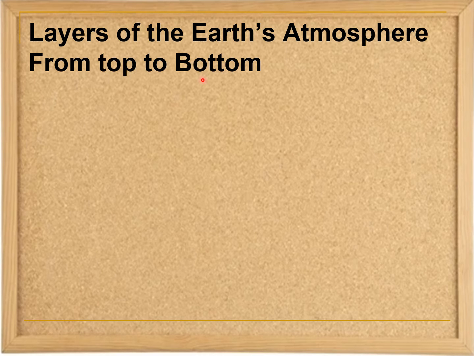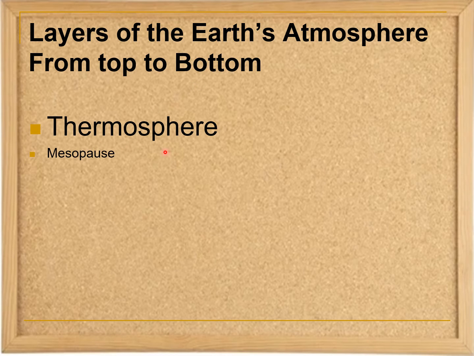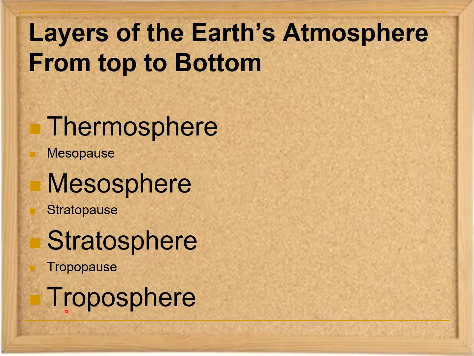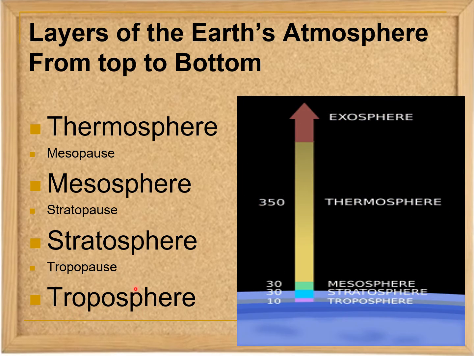From the top, we have the thermosphere, then the mesosphere, the stratosphere, and lastly, the troposphere. The mesopause, stratopause, and tropopause are like the stoppers or boundaries between each major layer.